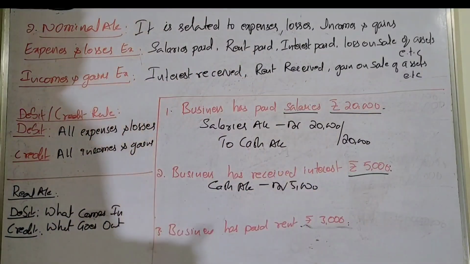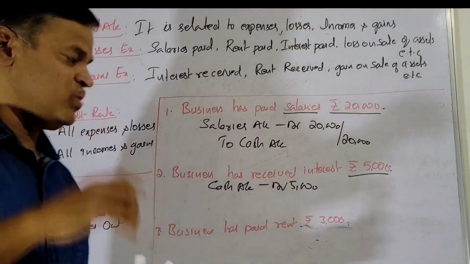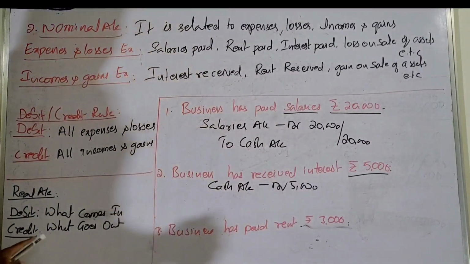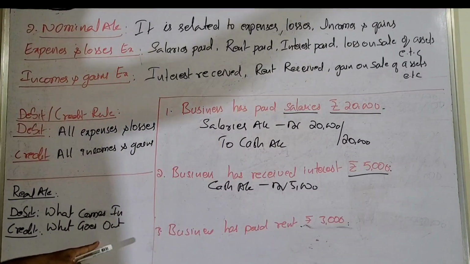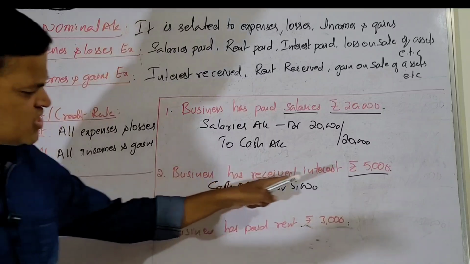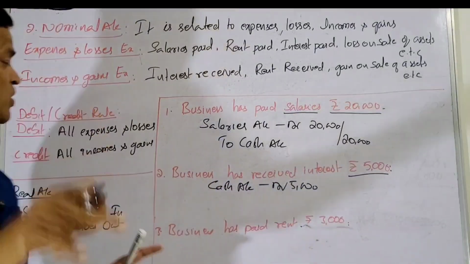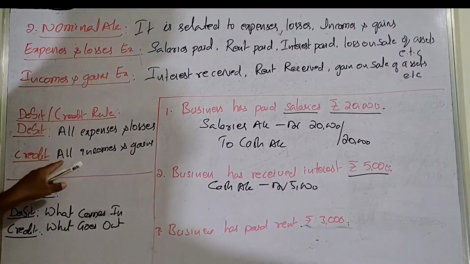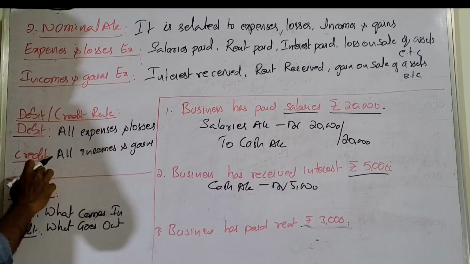Now we have to write credit. For that we have to check according to real account. According to real account, when do you write credit? If any asset is going out from the business, we have to credit. In this transaction, is there any asset going out from the business? No. Then we have to check according to nominal account credit. According to nominal account, when do you write credit?